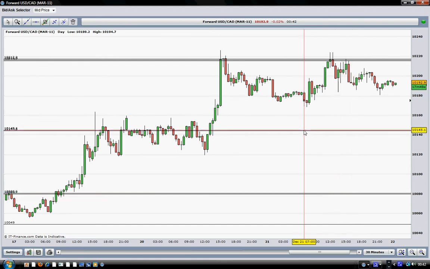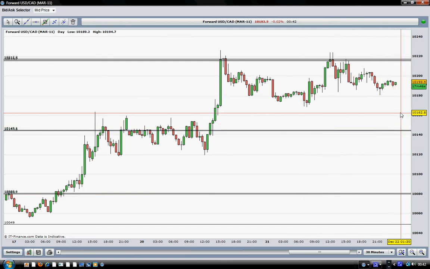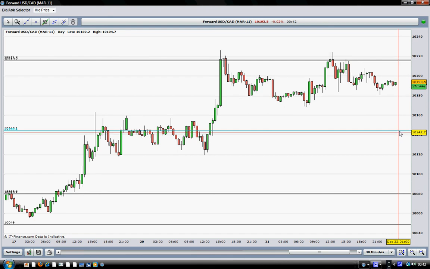That will be the next target. So remember that after the price falls at 10169 and reaches 10145, if it fails to find support at 10145, the price has a high probability to come down all the way to 10080. 10080 will be the ultimate finishing point for this currency pair.